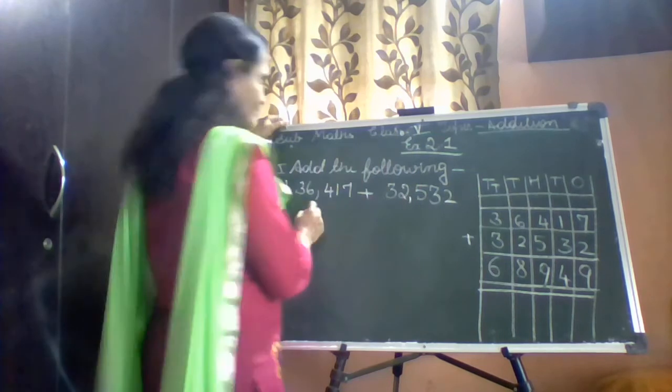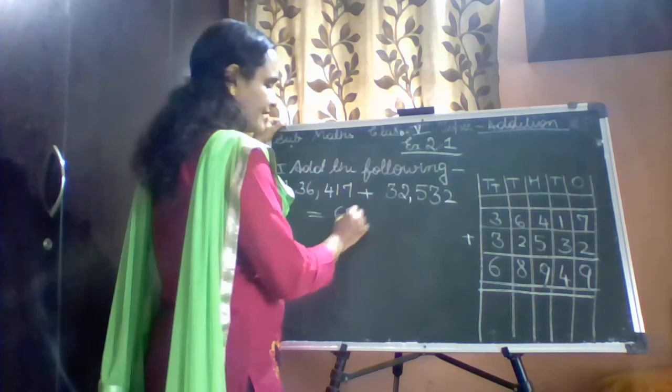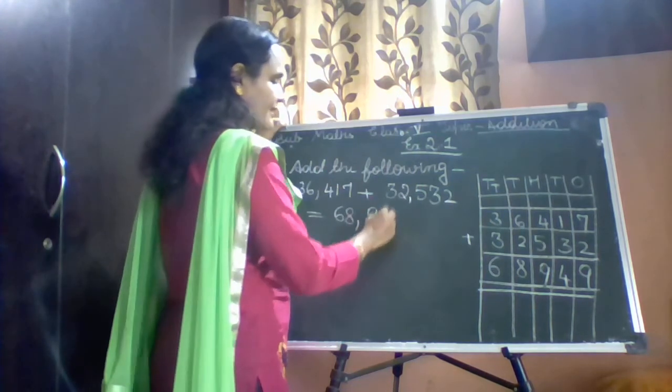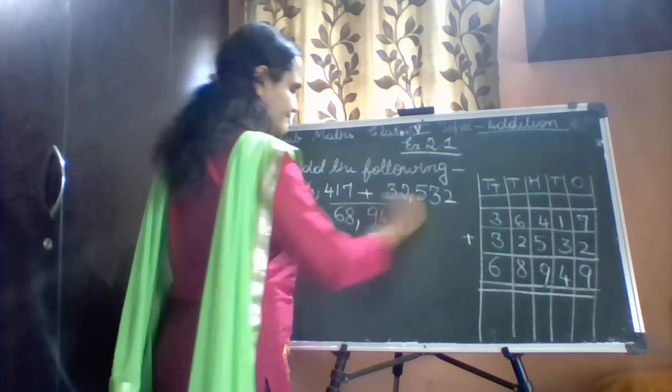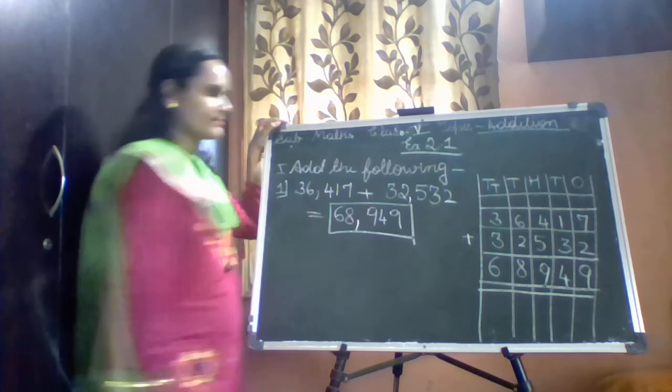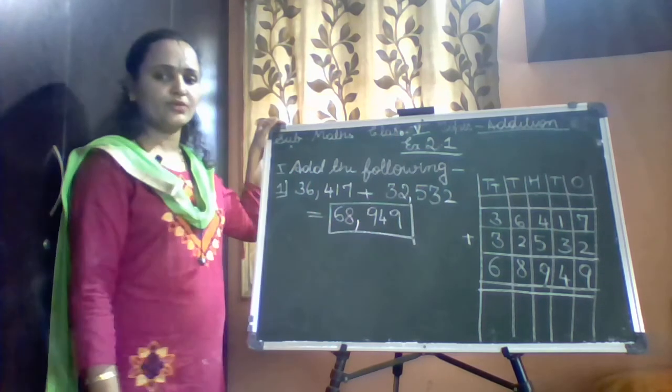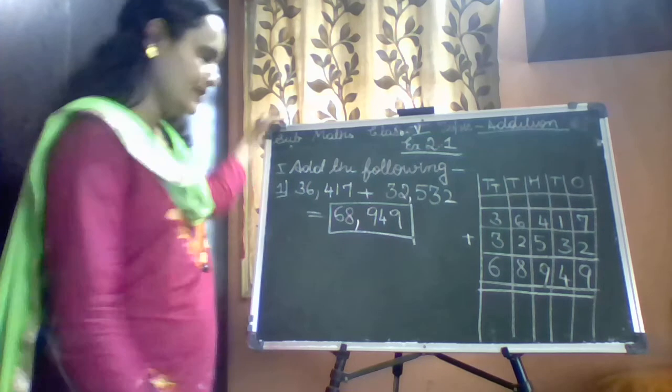So the answer would be 68,949. So this is how you do the addition. That was the first problem. Let me do one more sum.